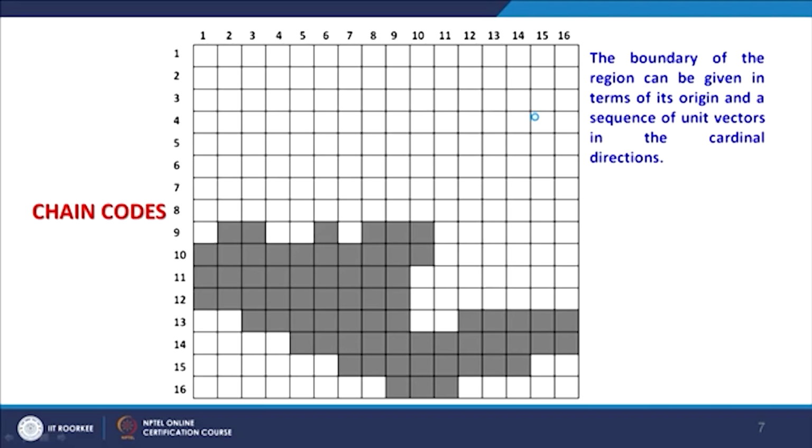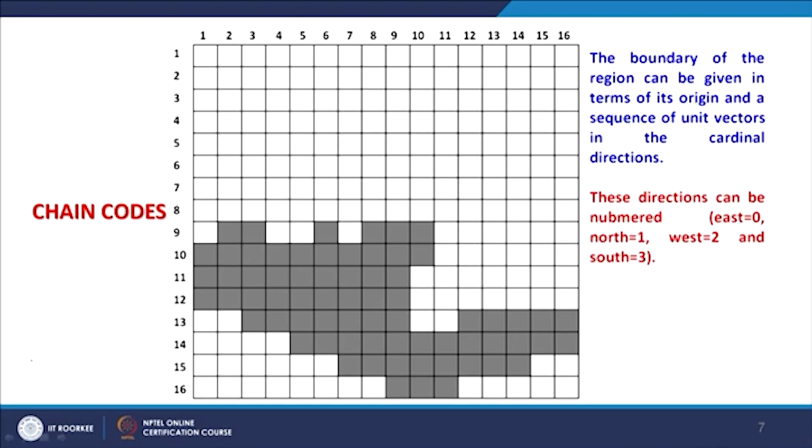The boundary of the region, this black boundary marked here, will be coded and given in terms of its origin, from where it starts, and then unit vectors in a sequence, and that too in cardinal directions, meaning north, south, east, west.